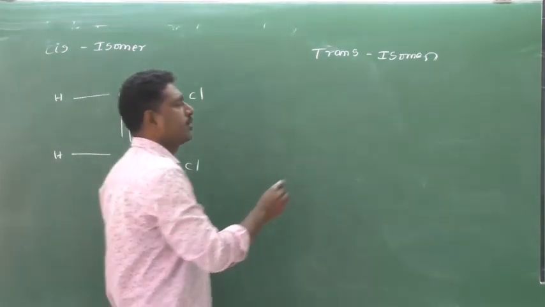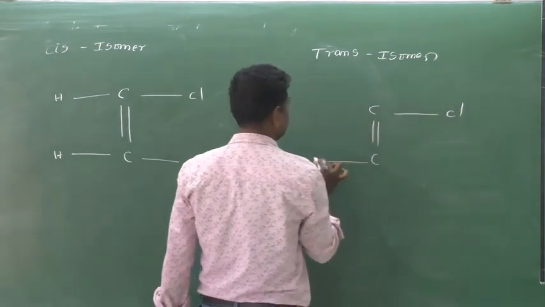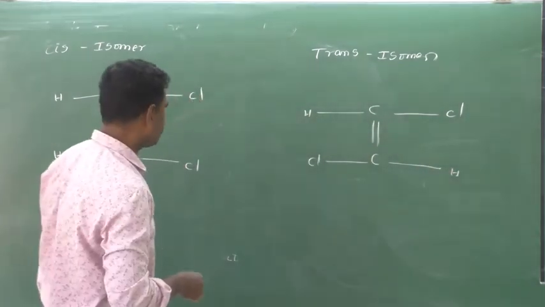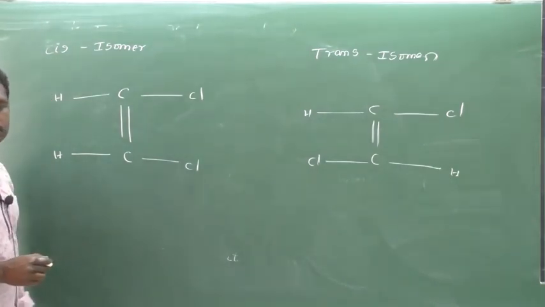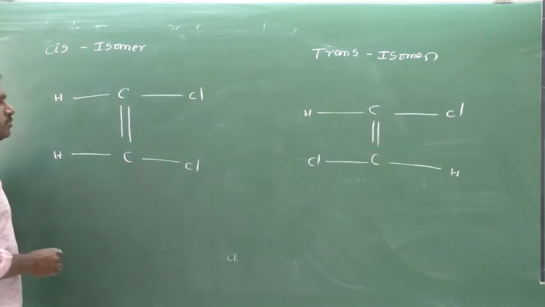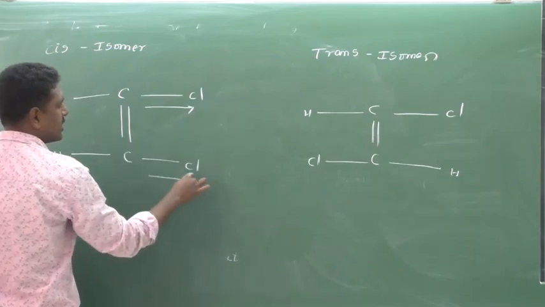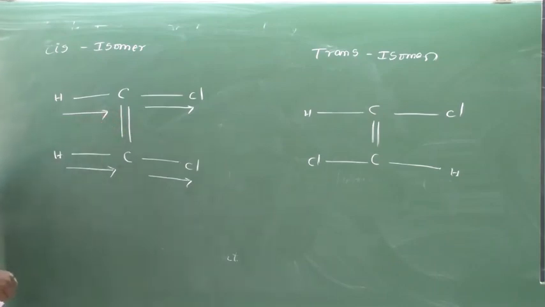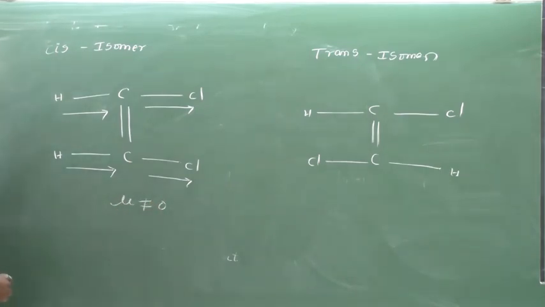This is the cis isomer. This is the trans isomer. Here the bond moments are in this direction, this direction, this direction, this direction. Therefore, the bond moment is not equal to 0 in the case of the cis isomer.